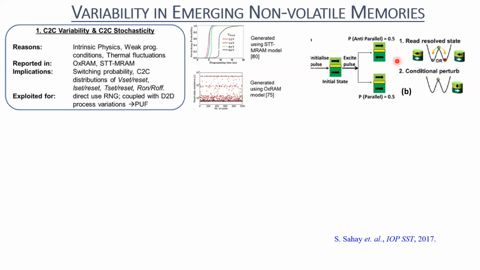There's also this read, write, and retention trilemma in STT-MRAMs. This barrier which I showed here is actually very low. For retention, you want these states to be separated by a huge energy barrier, so that even if the thermal fluctuations are large, the state of the device doesn't change, and the device doesn't go from this state to this state just because of thermal fluctuations.